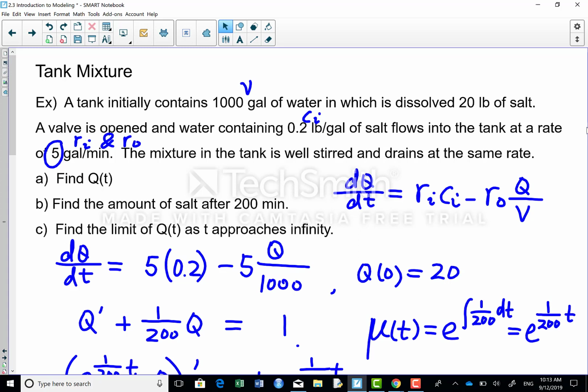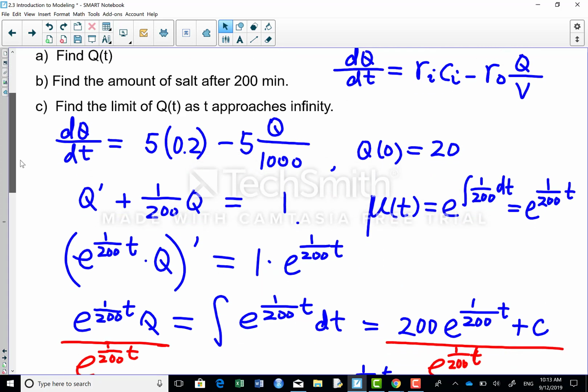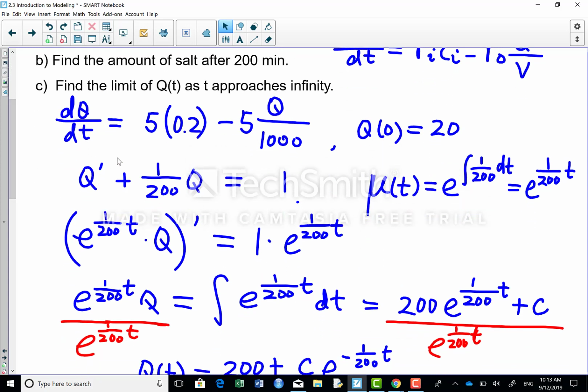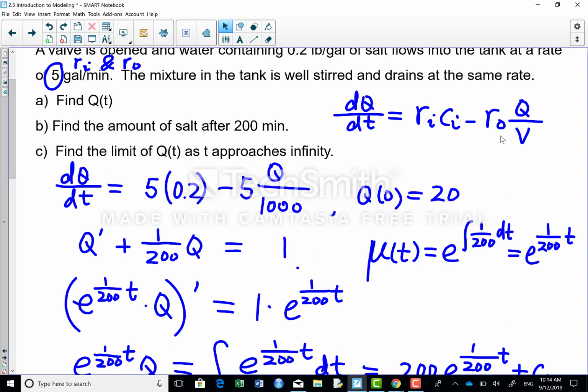So now we can plug in everything to the differential equation we came up with previously. So dQ/dt is equal to Ri Ci minus Ro times Q over V. So dQ/dt is equal to 5 times 0.2 minus 5 times Q over 1,000. And Q of 0 is equal to 20.